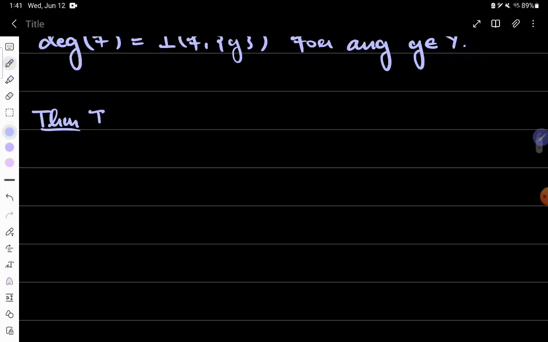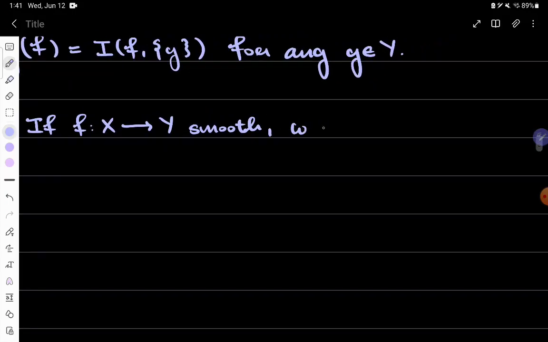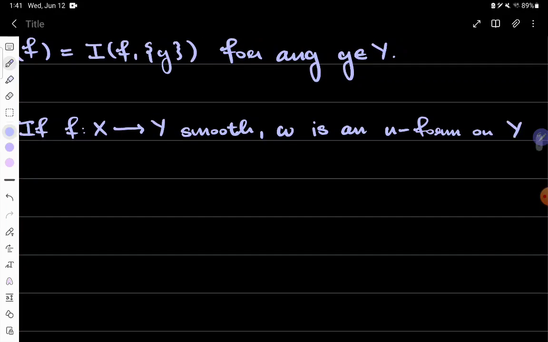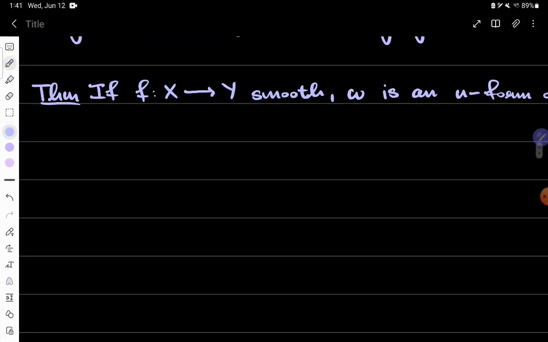So if F from X to Y is smooth, under the assumptions above, compact oriented, same dimension, and omega is an n-form, a differential n-form on Y, then we can pull back a differential form via a smooth map to yield a differential form on X. This process is called pullback and is denoted F star omega.